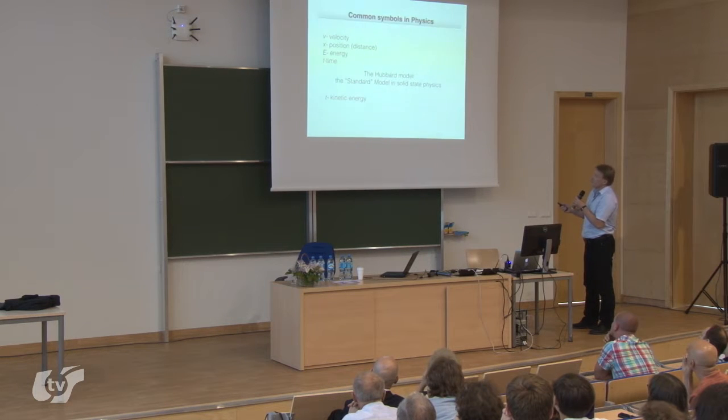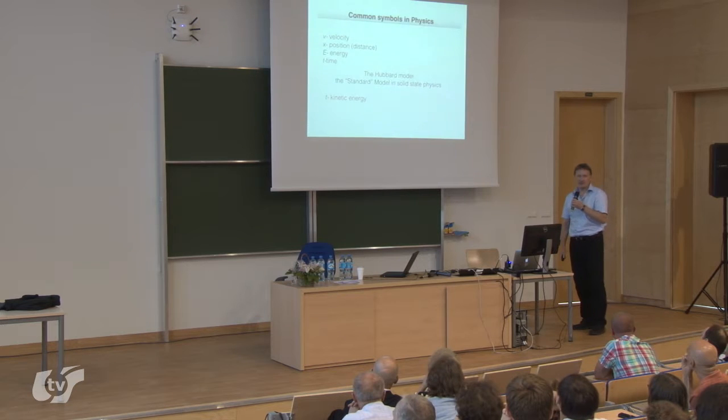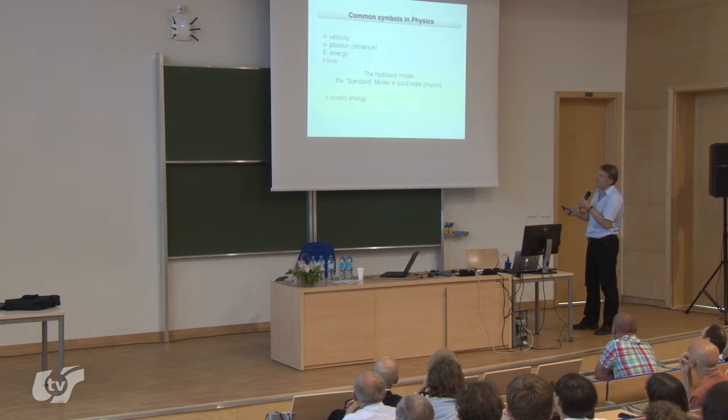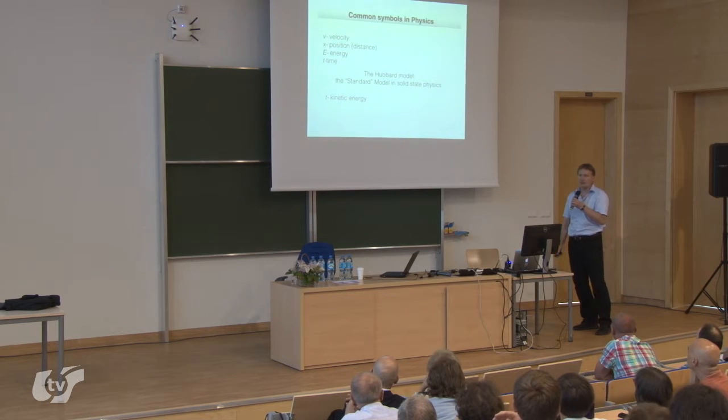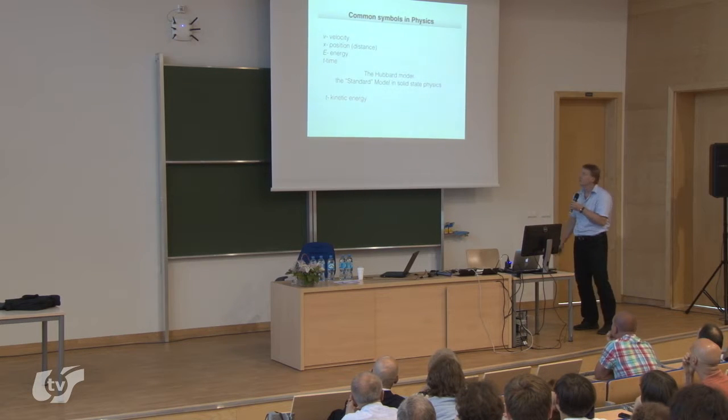And in this standard model, we use letter T for kinetic energy. It is very informative that for many years we were not interested in time-dependent phenomena. Otherwise, we would not use this letter for the kinetic energy.